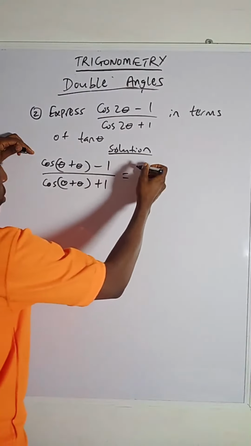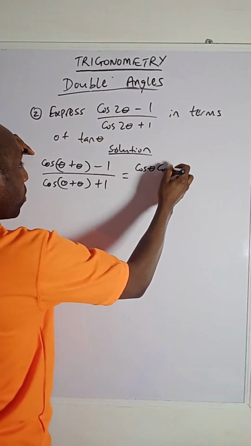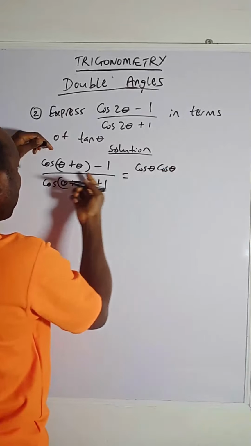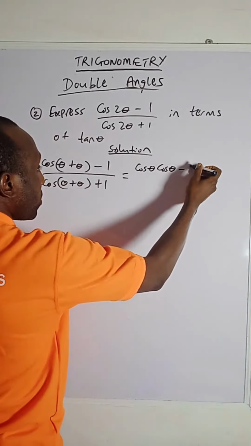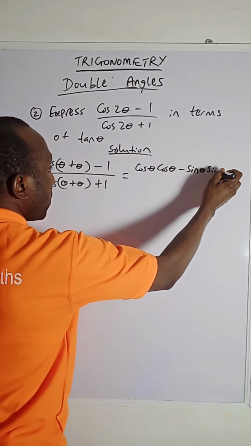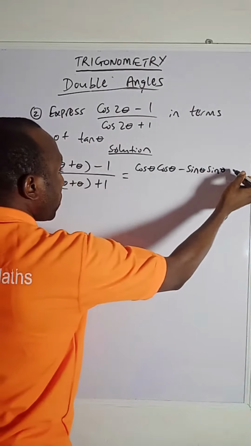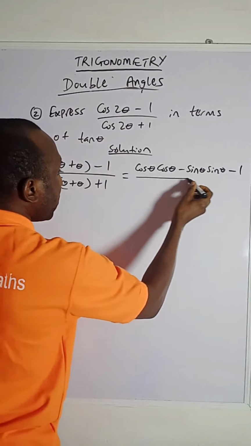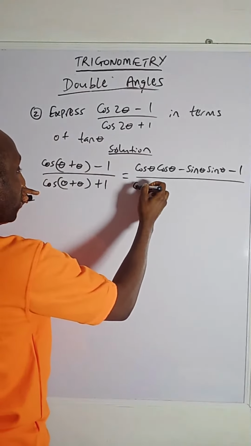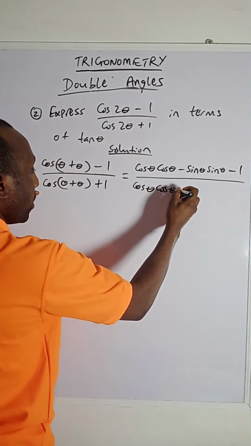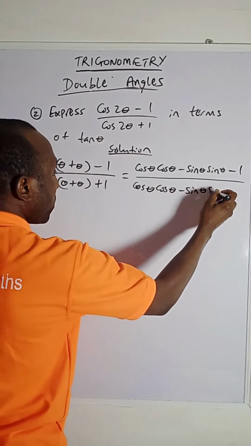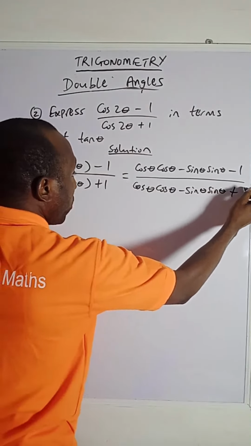Remember, this is cos theta plus, you change it to minus sin theta, then minus 1, all divided by the same thing here, cos theta minus sin theta plus 1.